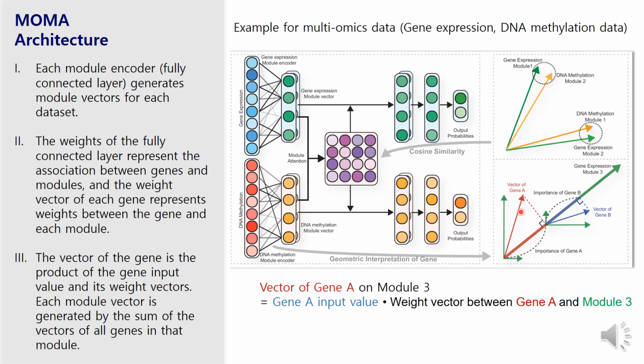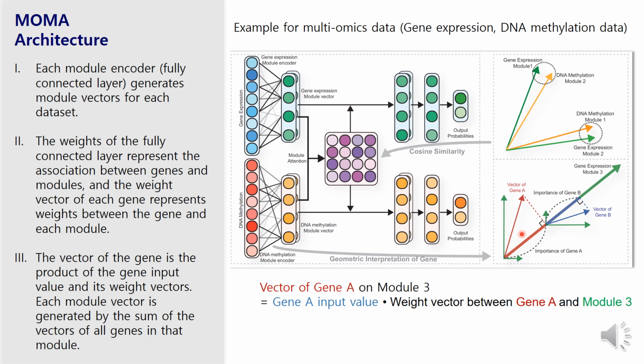The vector of a gene is the product of the gene input value and its weight vector. For example, the vector of gene A on module 3 is the product of the gene A input value and the weight vector between gene A and module 3.